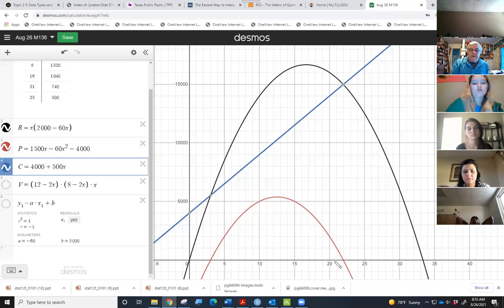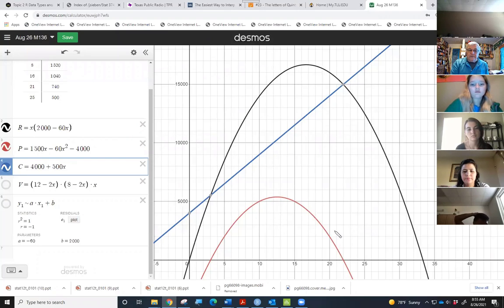It's easier to see it if we go ahead and graph the profit function. So the red is the profit function. The second thing that we can observe is, where is the profit max? It's going to be at this vertex, right? This is the profit.